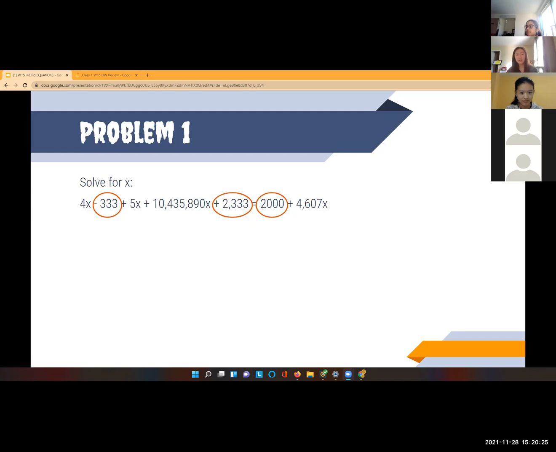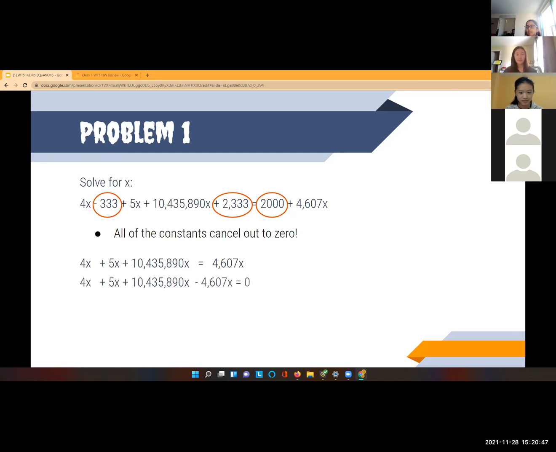The other side also has a 2,000. So there's going to be no more constants, or the constant is going to be 0. So this means that if we set all of the like terms with x's on one side and then a 0 on the other, we don't even have to add all of the, I'm blanking on the word, the coefficients, because once you add it, it's going to be some big number times x, which equals 0.